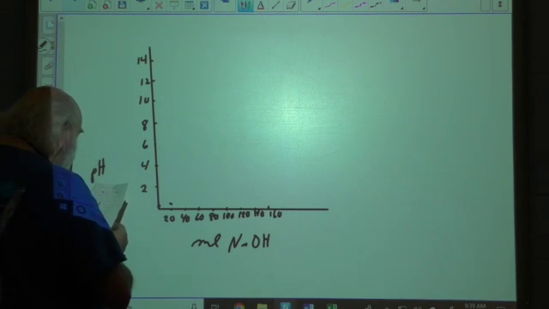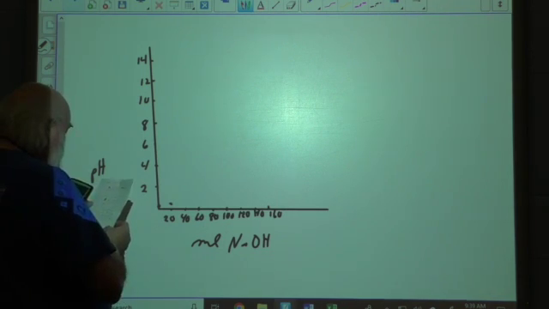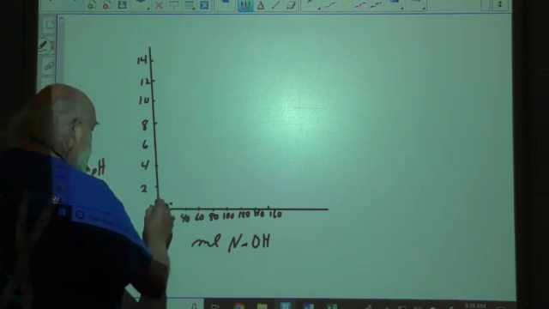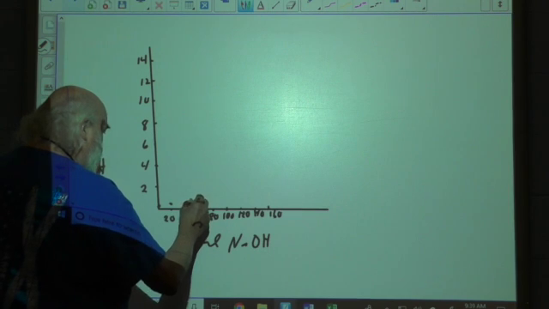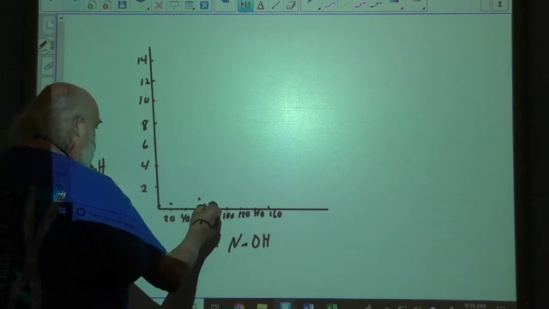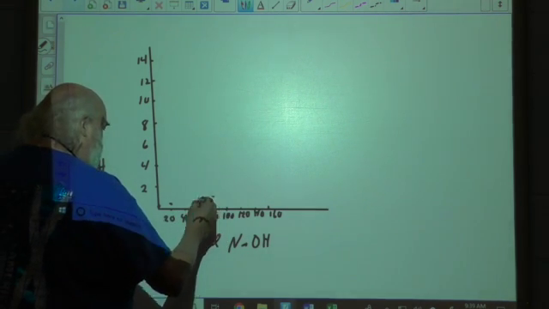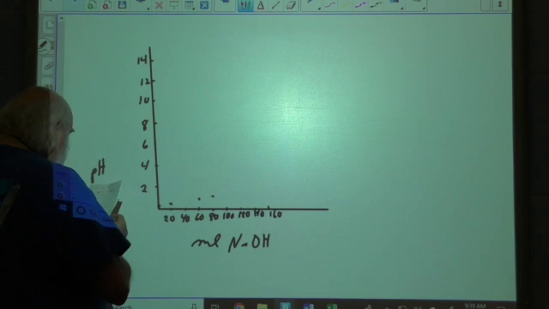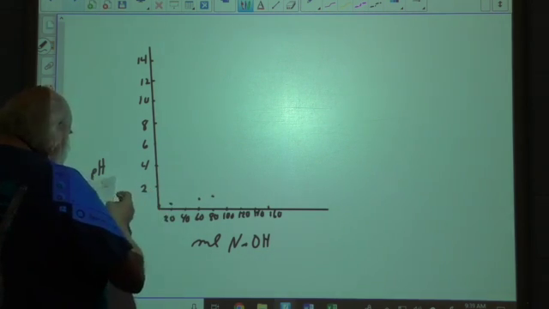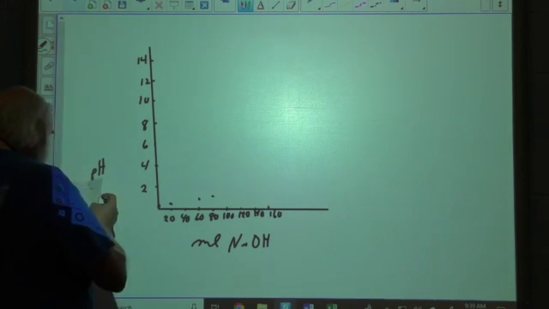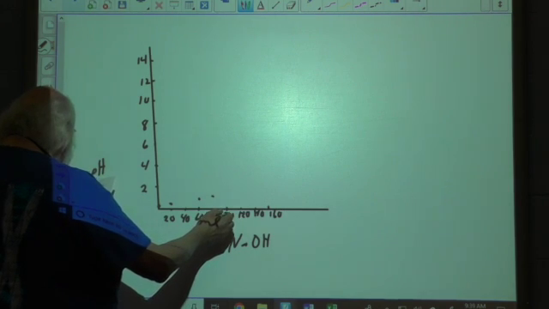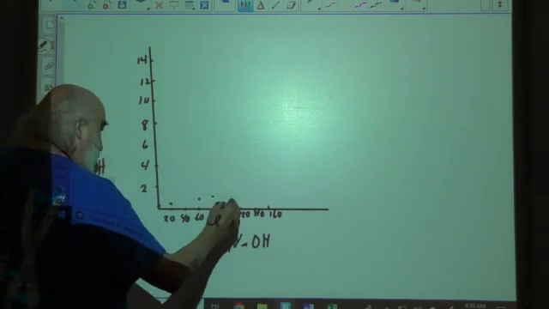At 60, the pH there was 0.5, so that's a quarter of the way up. So just a slight increase there. At 80 it is 0.8. It's still not quite there. It's just barely moving. At 100, the pH goes up to 1.14.